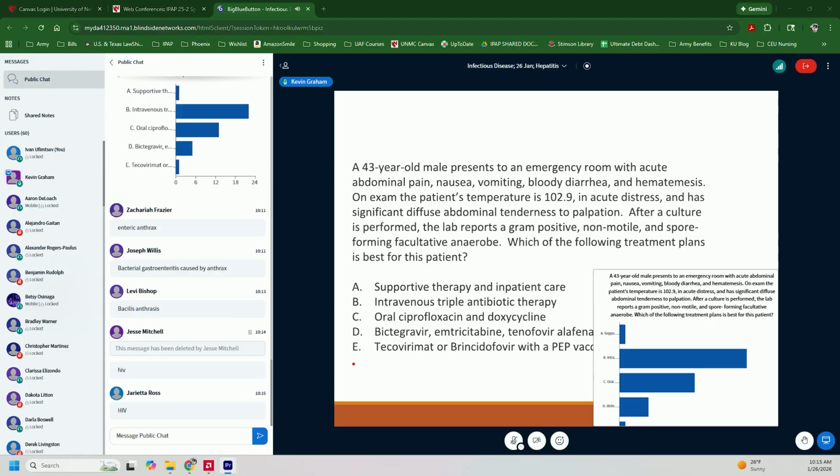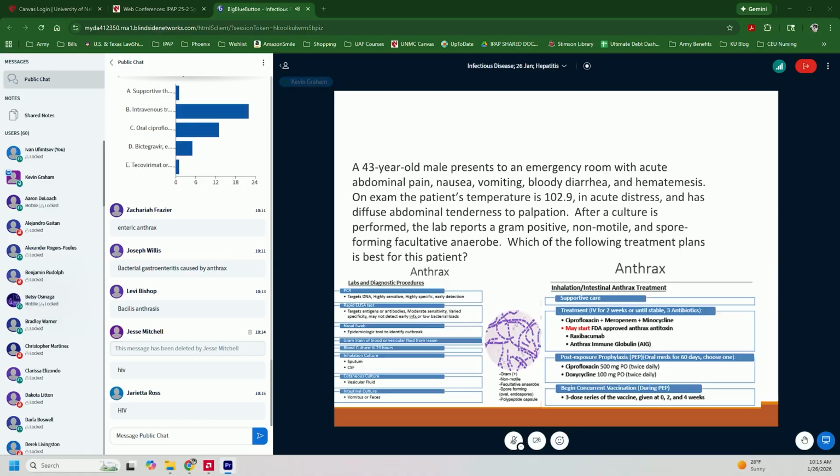HIV, exactly. And what about tecovirimat and brincidofovir? What do those treat? So first of all, are they antivirals or antibiotics? They're antivirals. So they would treat a virus, and we don't have a virus, and so they have a better player in the small ones.